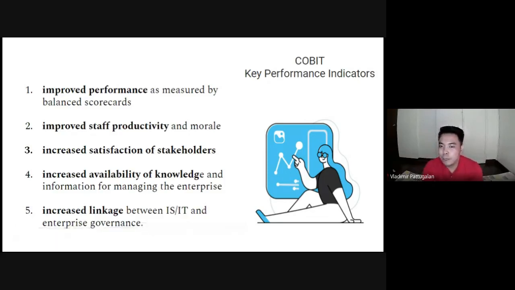So if we are able to measure these 5 KPIs and see that they all have improved, we know that outsourcing was a good idea and it should be continued by the company, if we were to use the COBIT framework to assess if we should outsource or not.